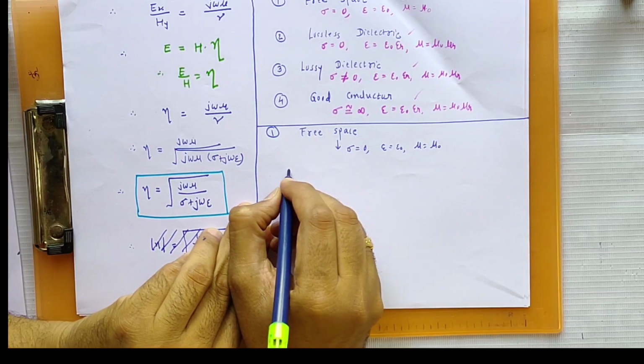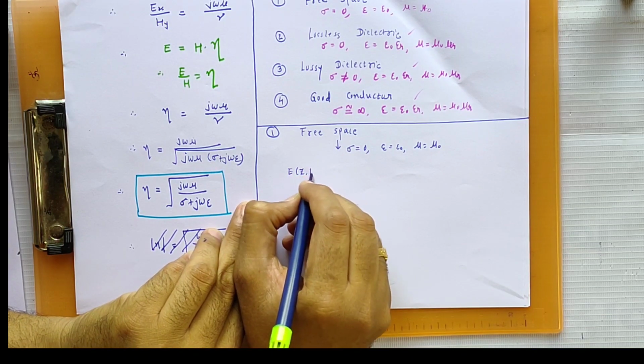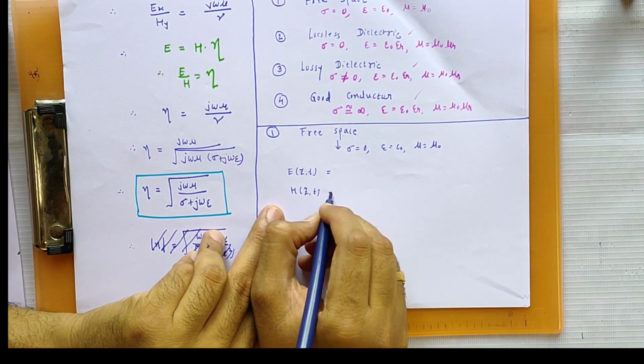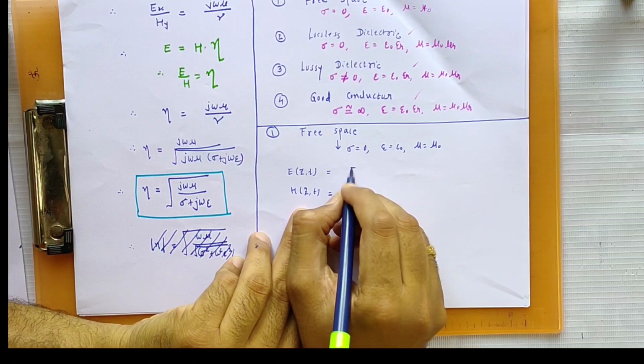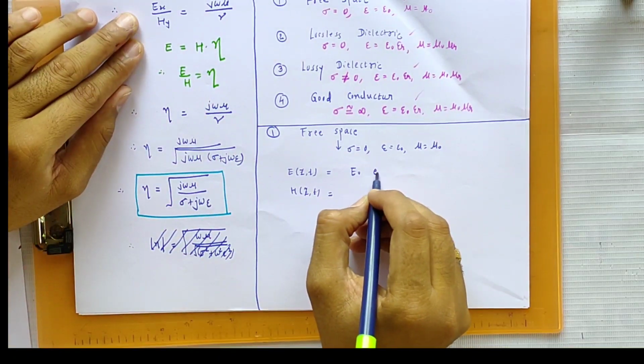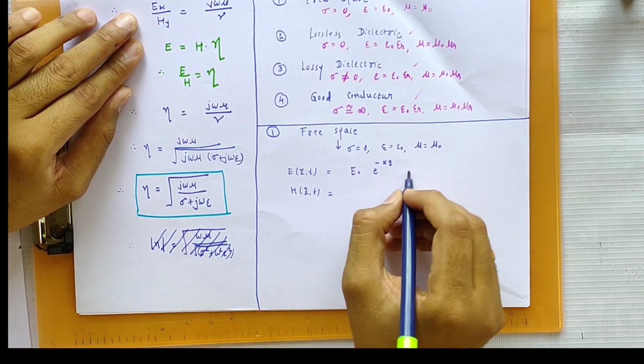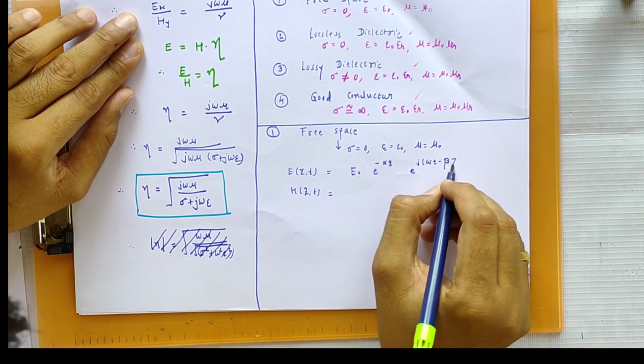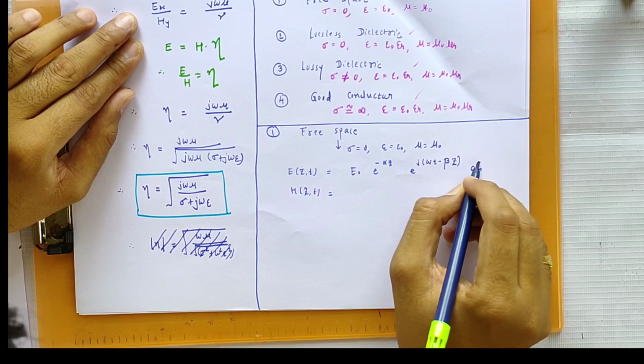Here E of z,t is E0 e raised to minus alpha z, e raised to j omega t minus beta z, into ax.